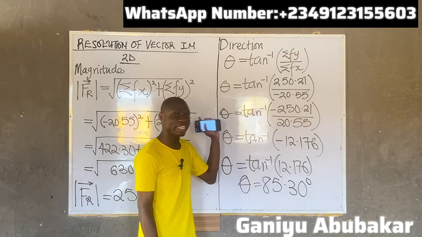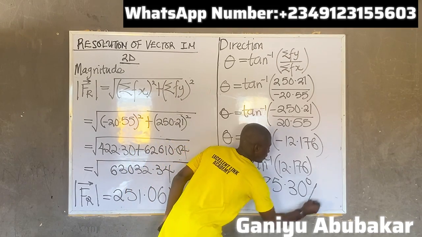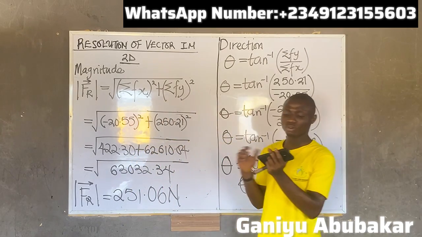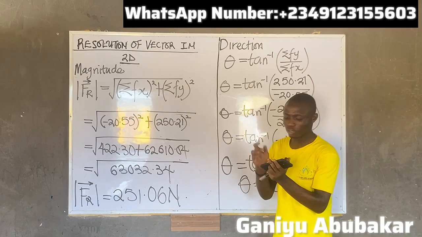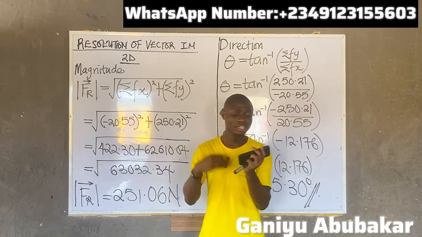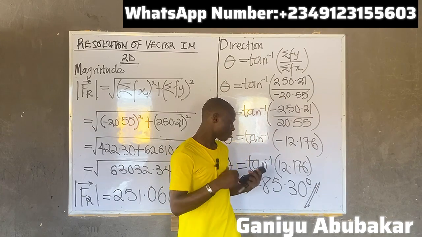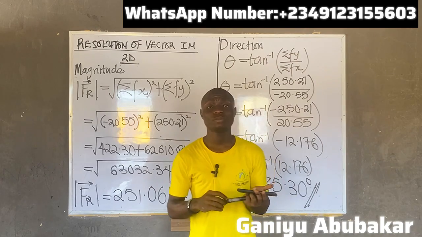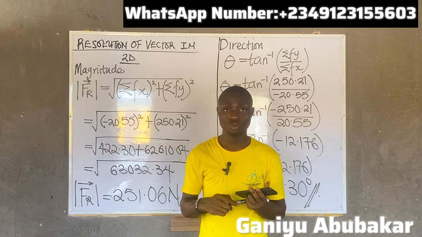So take away the negative sign, I have this as my direction value. This is how you solve this particular problem, looking for its magnitude and then its direction. Let's look at example 3 in our next video.